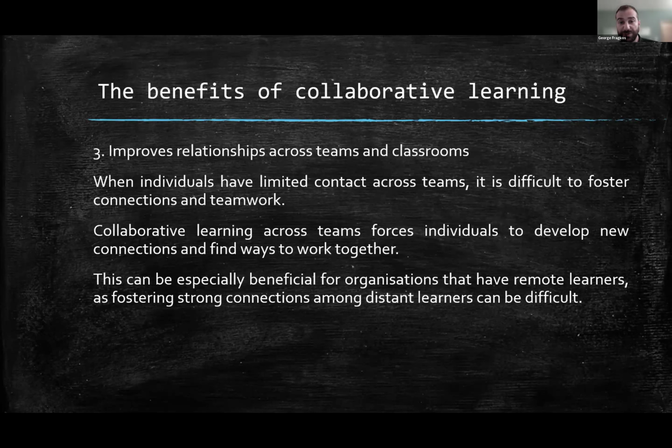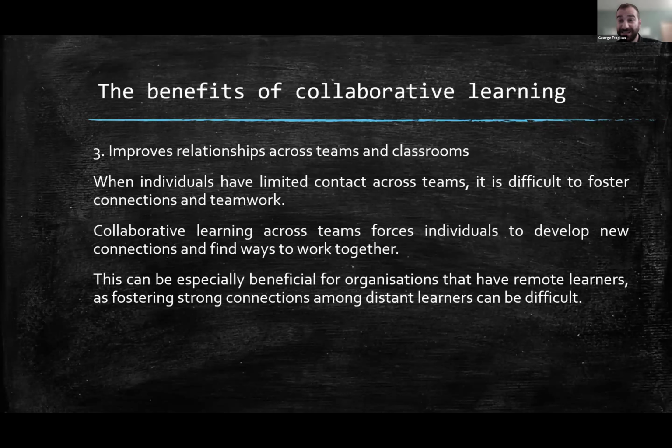Collaborative learning across teams forces individuals to connect to each other, to find ways to work together, to communicate together, and even to solve conflicts inside the classrooms. Because when you put two parties that are in conflict to find a solution in a very strict way, you can create bridges. You can find ways that they can solve the conflicts.